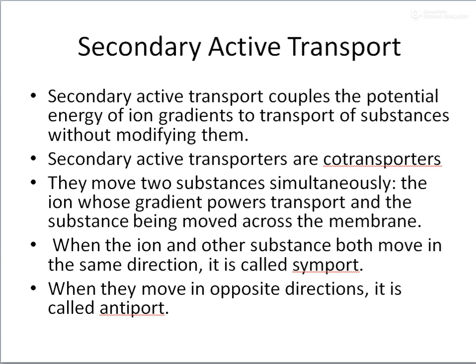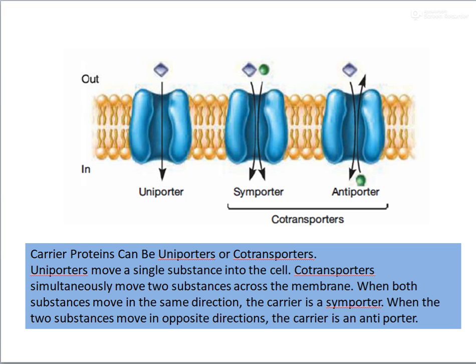When the ion and the other substance both move in the same direction, it is called the symport, and when they move in the opposite direction, it is called the antiport. Now you can have a better understanding by this. In the case of cotransporters, or in the secondary active transport, I told you energy is required, and at the same time there would also be an ion gradient. Along with the substance that has to be transferred, another substance is also being transported, and they are hence called the cotransporters.